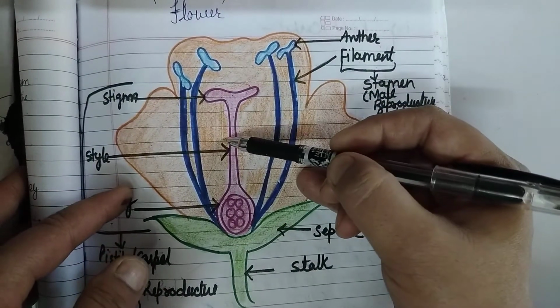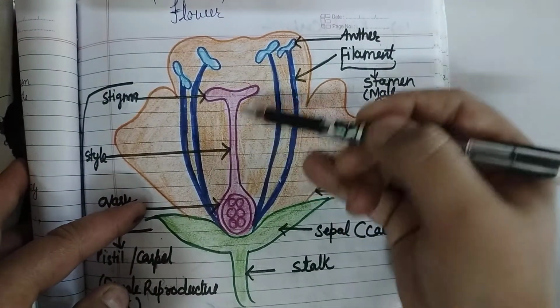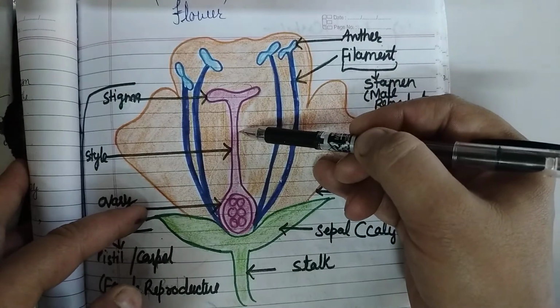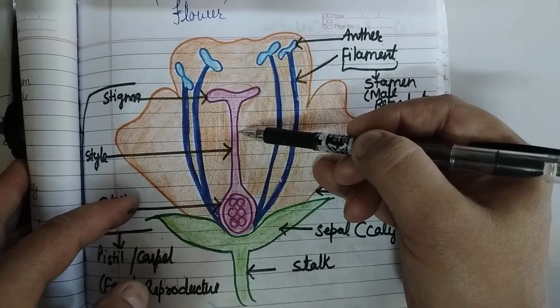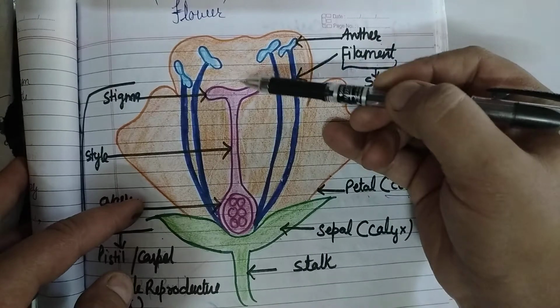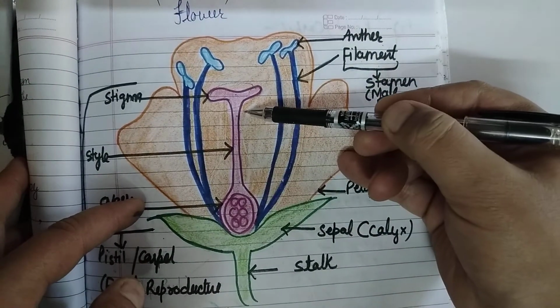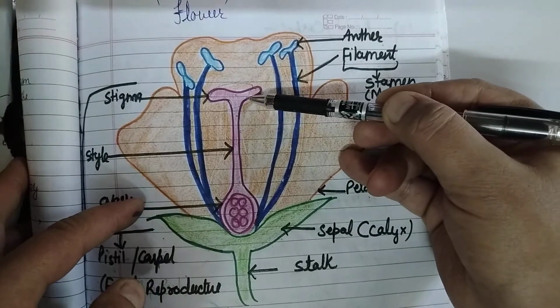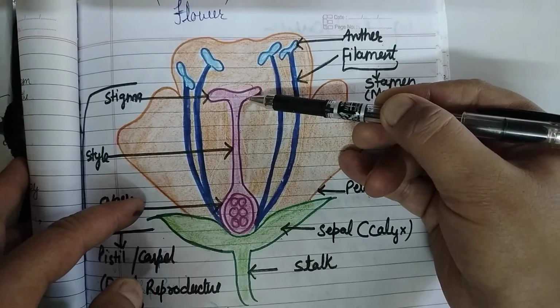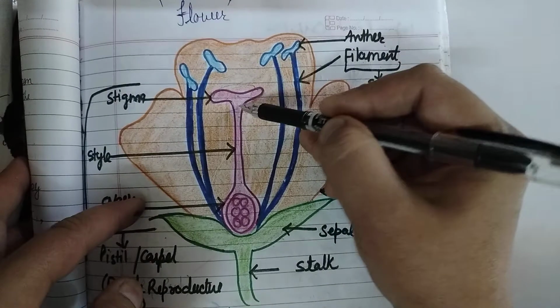The innermost whorl or the fourth whorl of the flower is known as a pistil. It is the female reproductive organ of the plant, and it is made of three parts: stigma, style and ovary. The top sticky part of the pistil is called stigma.